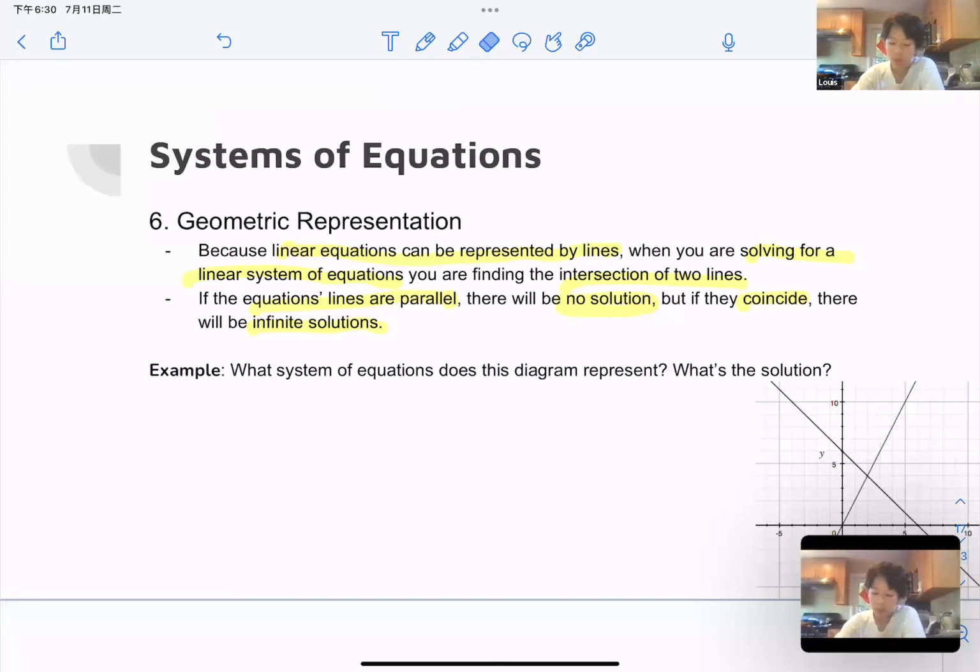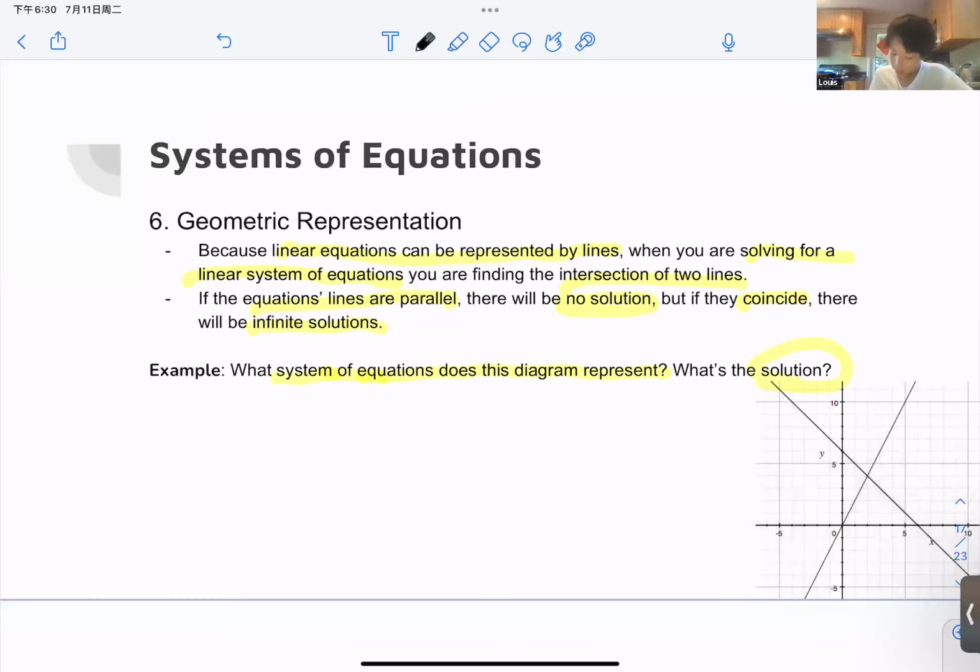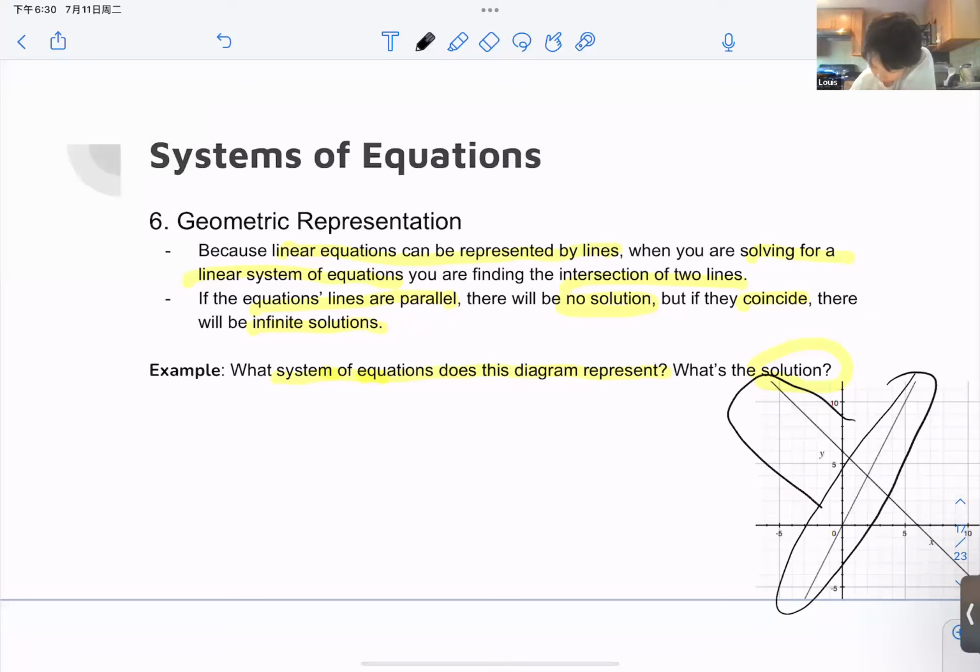Okay, I'll solve this problem now. So we're asked to find what system of equations this diagram represents and what's the solution. So for this problem, we see that this is the line and this is another line.